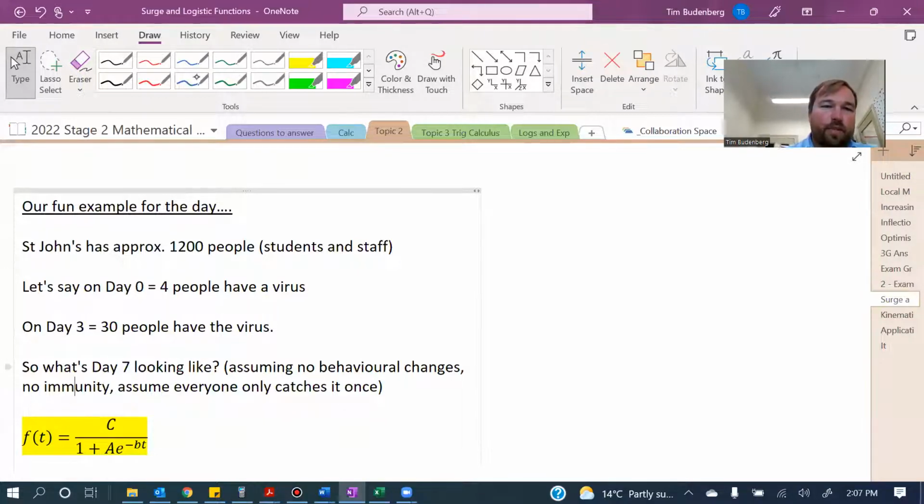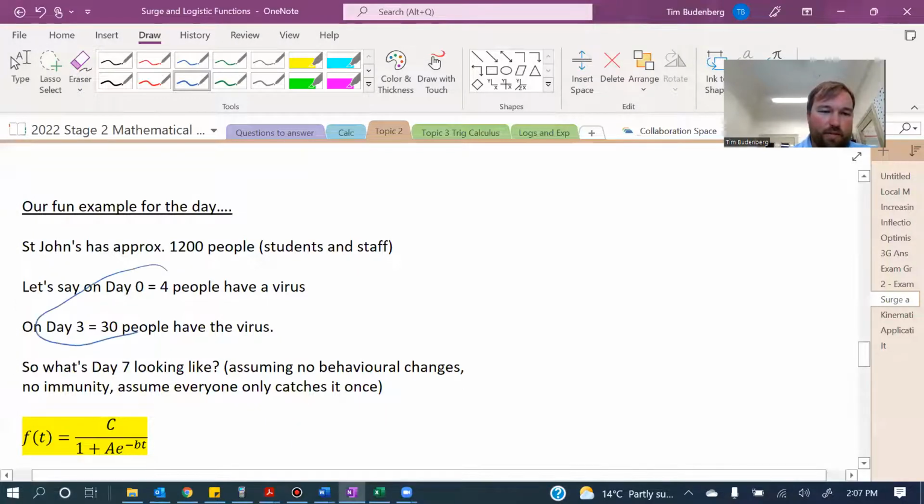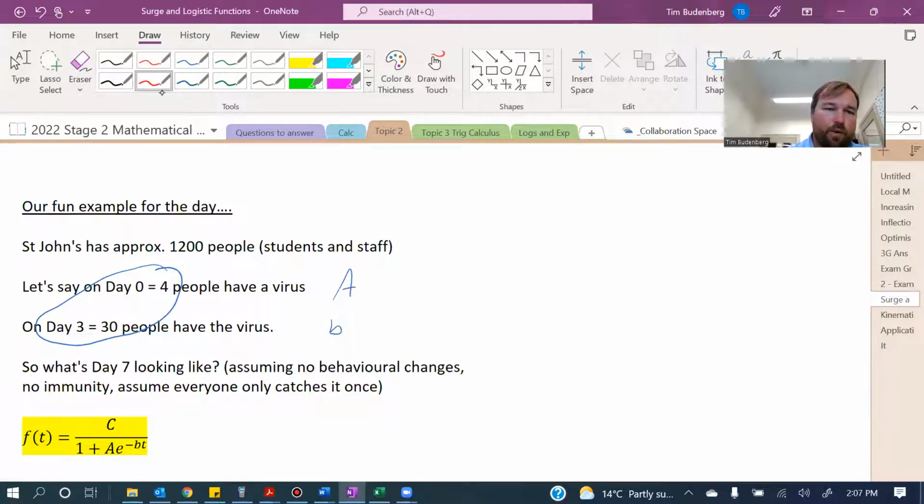All right, so let's work out. We've got 2 bits of information here, and they're going to help us find B and A. C, we already know, is the carrying capacity.